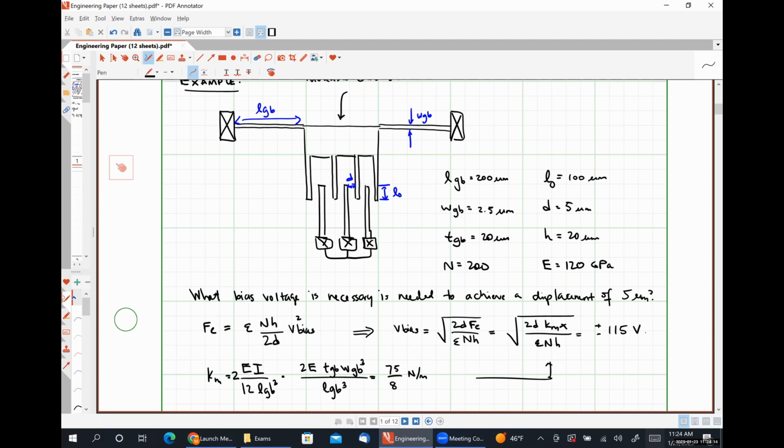For our capacitive comb drive actuators, the tuning range is really determined by our suspension and the geometry of the system. So if we start off with fingers that only have a small amount of overlap, and then we can generate forces large enough to cause a large displacement, we can get very large capacitive tuning ranges.